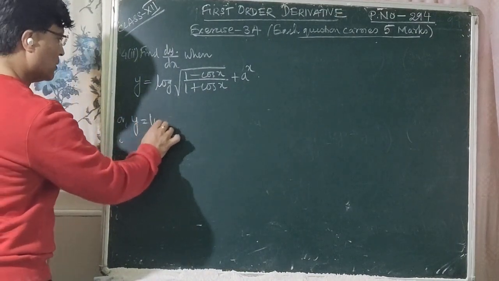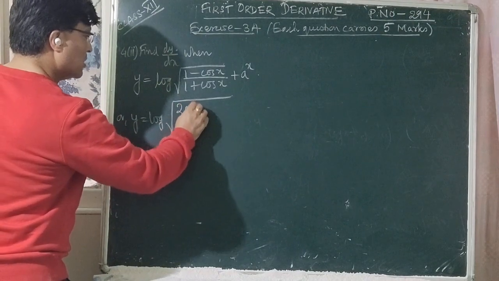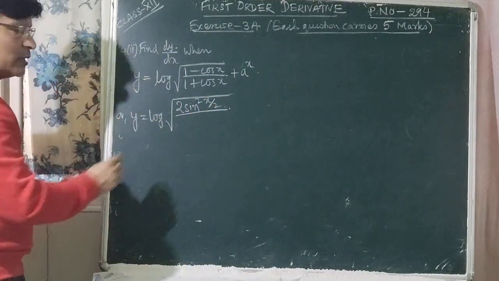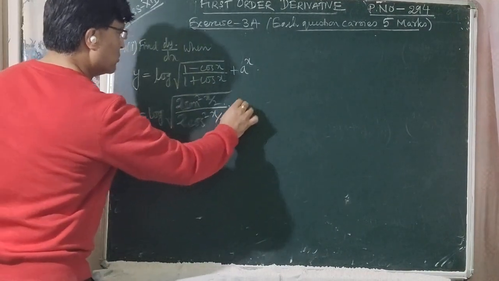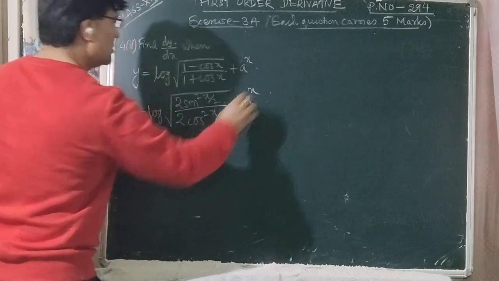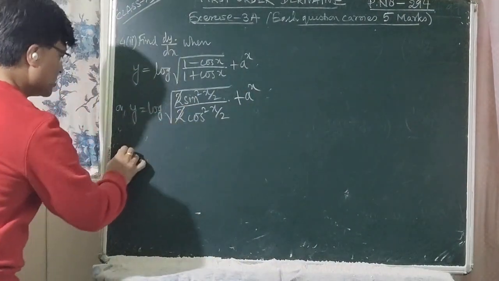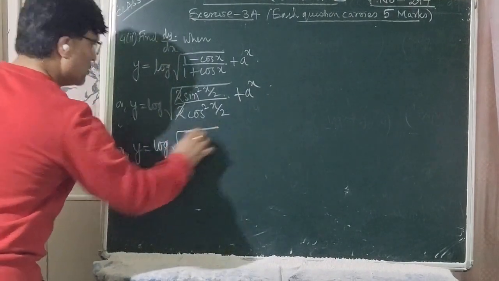Or y is equal to log of square root of 1 minus cos x is 2 sin square x by 2 divided by, what is 1 plus cos x? It is 2 cos square x by 2, plus this is your a to the power x. So here 2 gets cancelled, or y is equal to log of square root. What do we get?